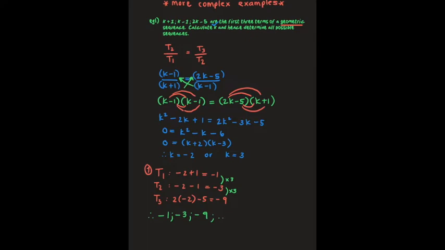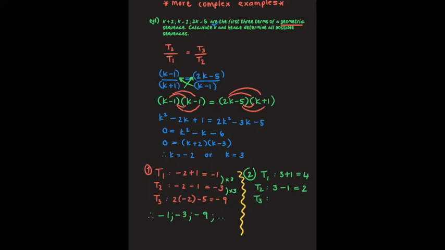But we have another possible solution. If I look at k being equal to 3, then term 1 will be k plus 1, so 3 plus 1, which is 4. Term 2 would be k minus 1, so 3 minus 1, which would be 2.